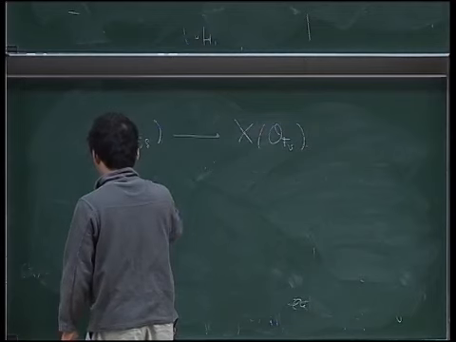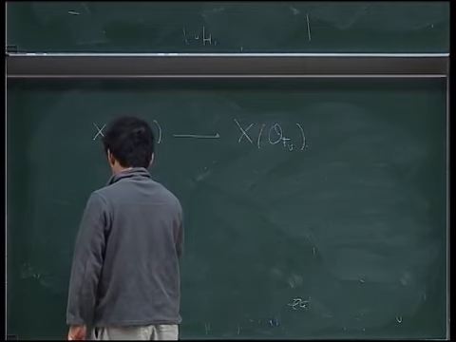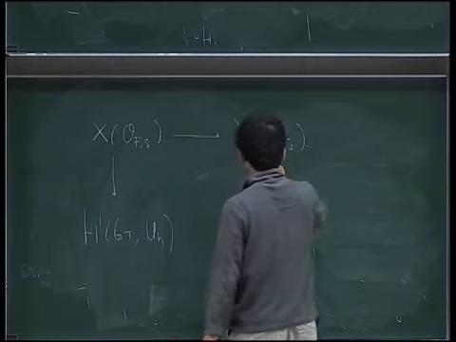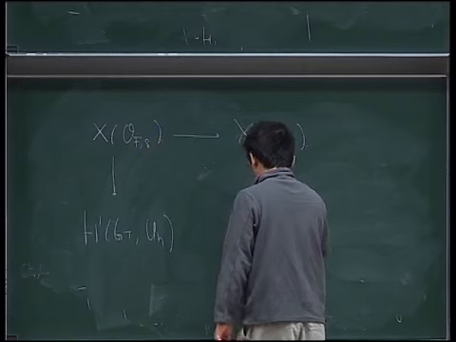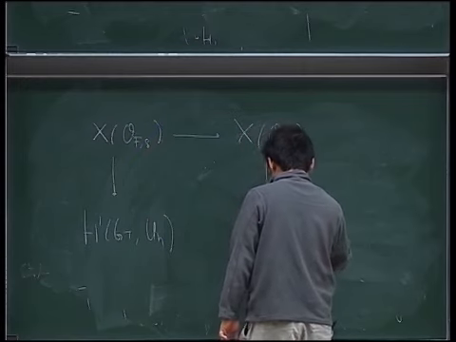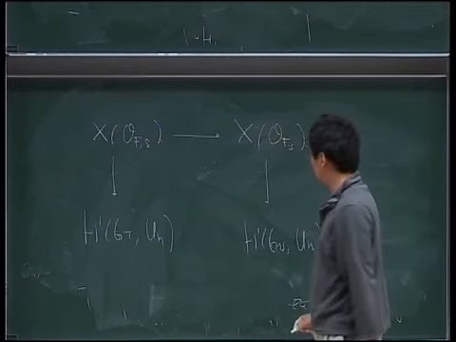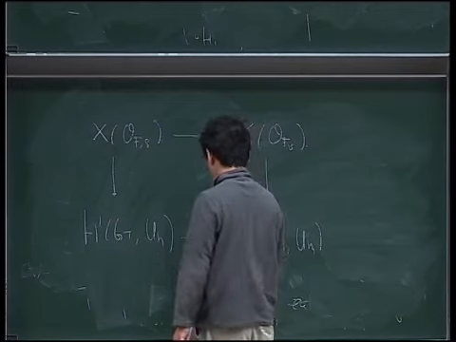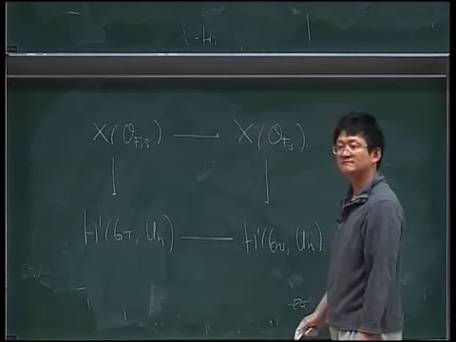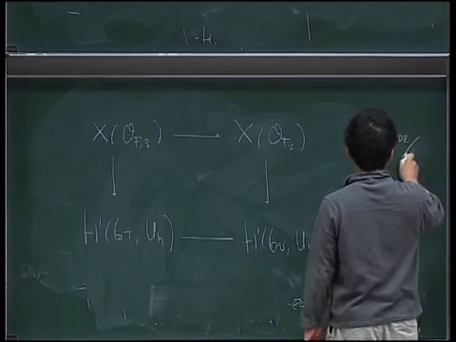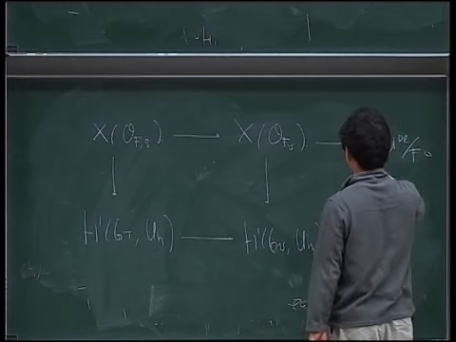And then we have a map from here to H^1 of G_T with coefficients in U_n. And we have a map from here to here, to H^1 of G_v, the local Galois group, with coefficients in U_n for any n. And there's a localization map from here to here. And then there's U^dR mod F^0, and there's a map from here to here.